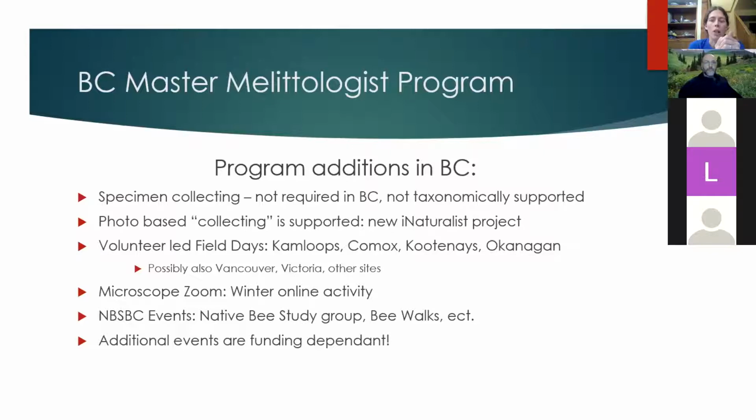You'll be able to go on and say, what am I seeing on yarrow? What am I seeing on gumweed? And pull those up to see which bees are using which flowers. So that's the big thing we're hoping to support you with.